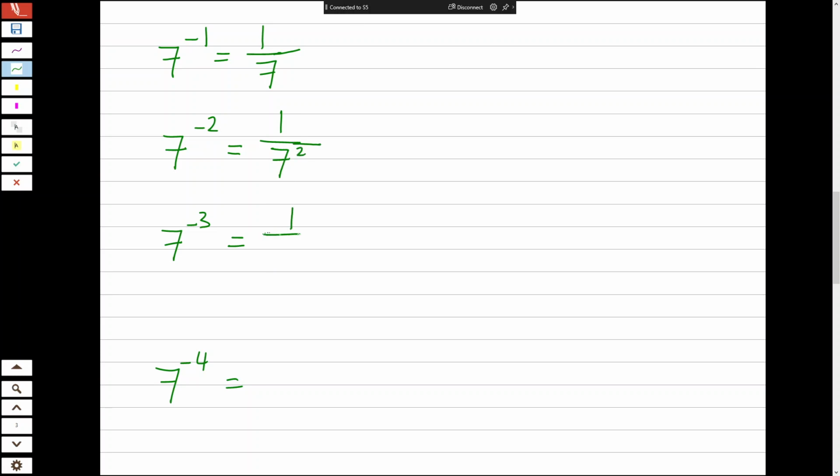So these are all fractions. Would you not just write 1/49? Yep, you could. Can anyone see the pattern yet? Yeah. What's the pattern?